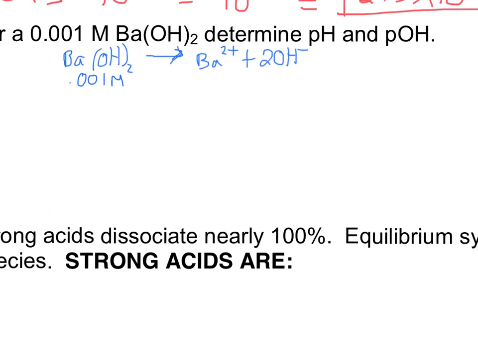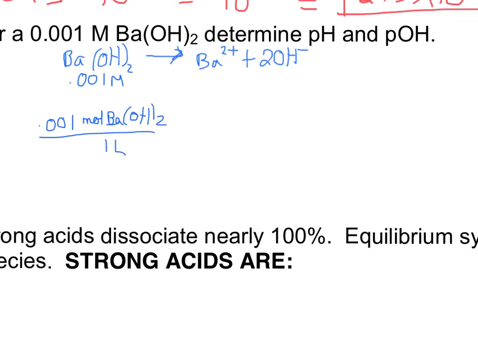So let's show the work for that. I would not expect you on the test to show me the work for that. You can just write that this is 0.002 molar here. But the more work you show me, the better, though. So let's show that. We have 0.001 molar. That means 0.001 moles of barium hydroxide for every 1 liter.